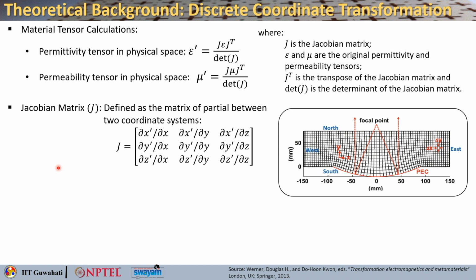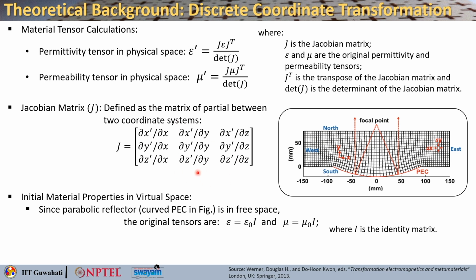Once you know the coordinate transformation, that is the relationship between the new axis and the old axis, you can calculate J, which is obtained as a matrix of the partial derivatives of the two coordinate systems: dou x prime by dou x, dou x prime by dou y, dou x prime by dou z. x, y, z are the old system, x prime, y prime and z prime are the new system. This is how you can calculate it. I am not reading out all the parameters, you already know this.